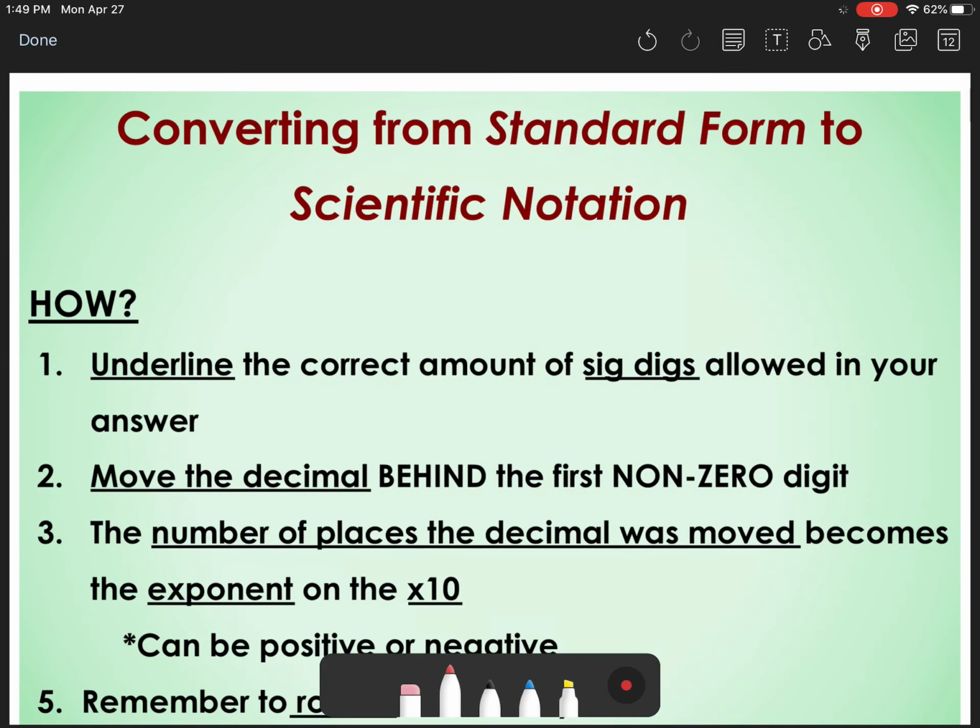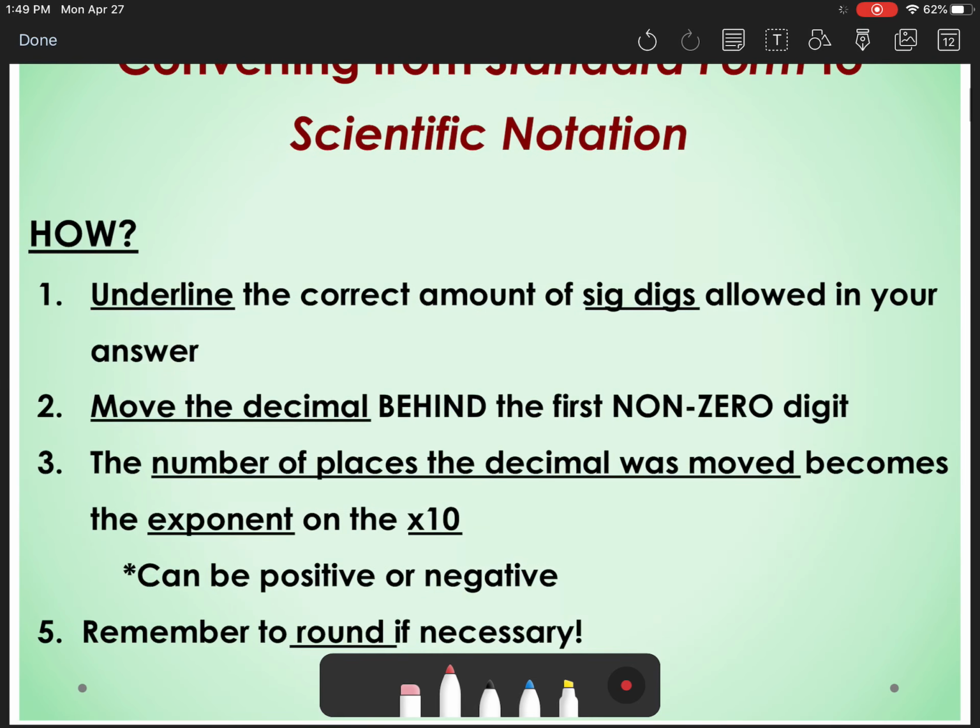So first off, how do we convert from standard form, regular numbers, into scientific notation? Here's a couple steps for you. Step 1 would be to underline the amount of digits you want in your answer. We're not going to actually worry about sig digs, but just the correct number of digits.